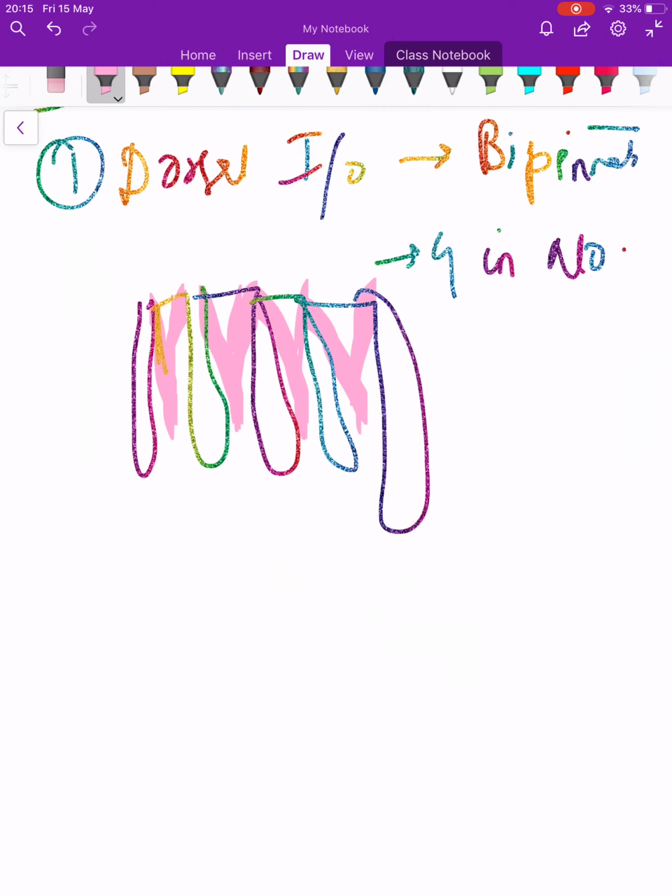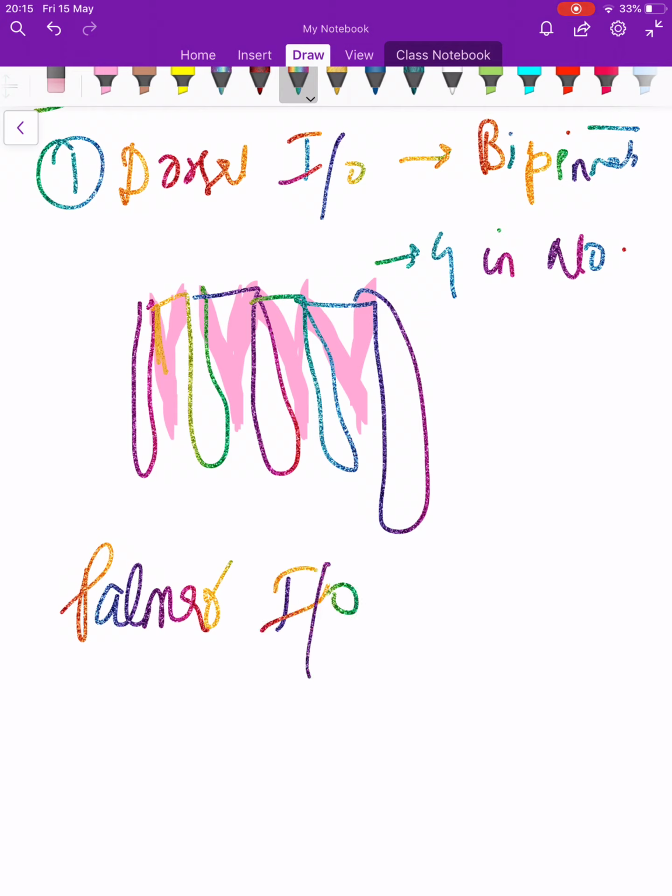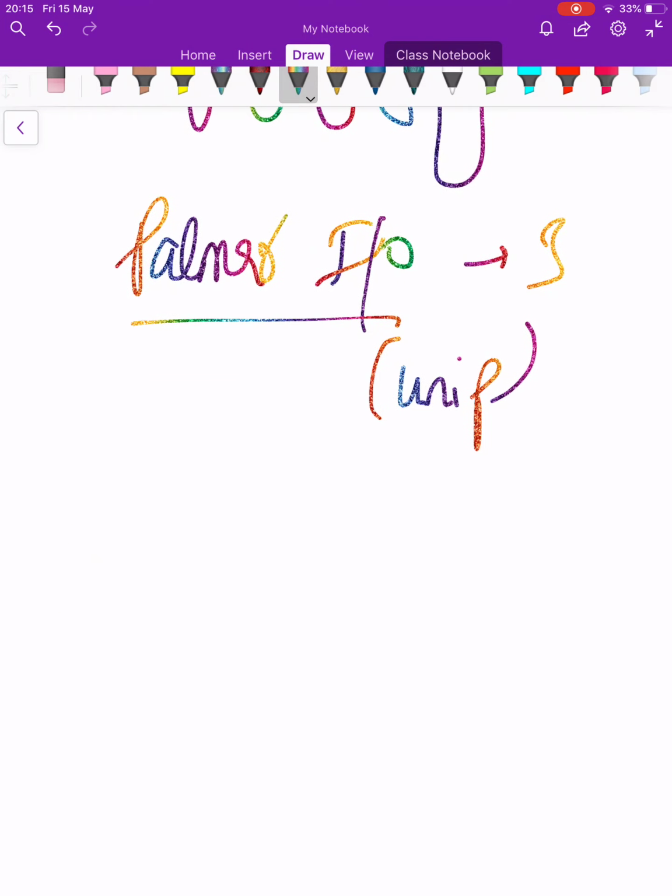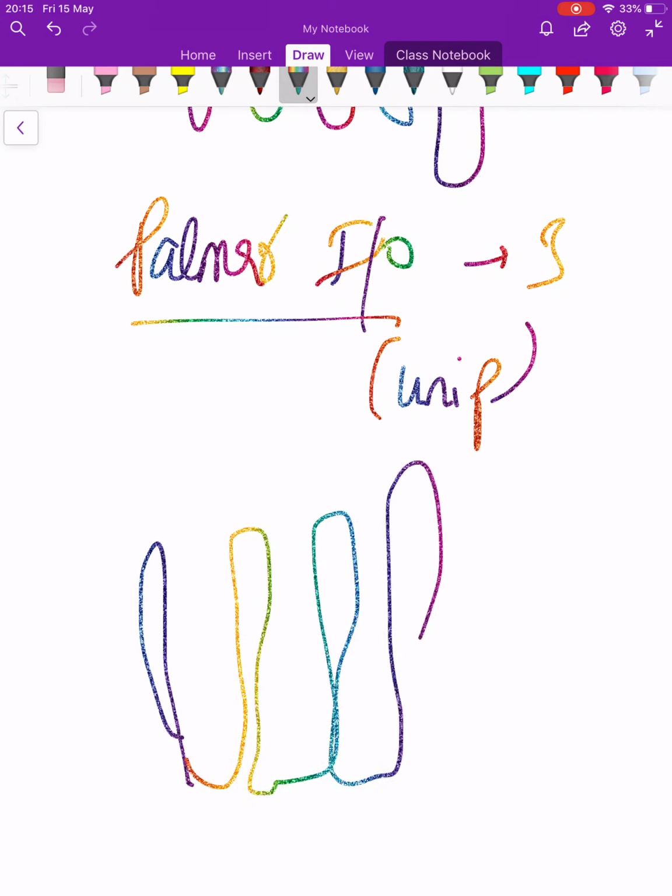Then palmar interossei are 3 in number and these are unipinnate, 2, 3, 4, 5.